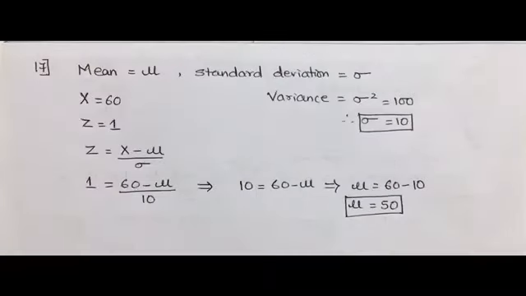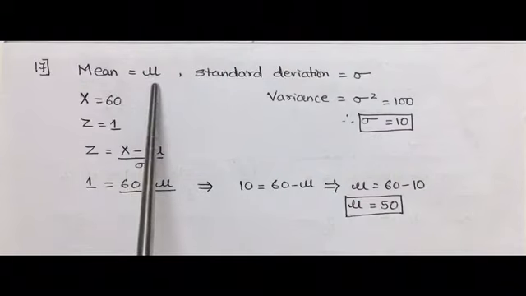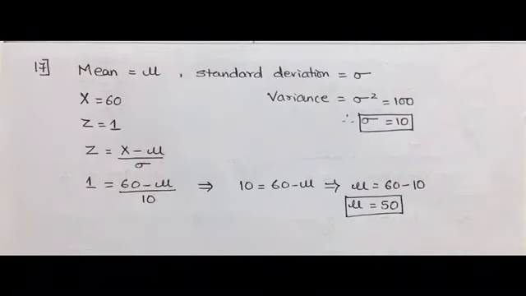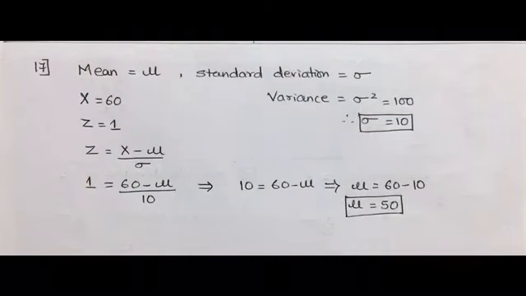The 17th one given is: marks obtained by students of a school in the economics subject follow normal distribution with mean mu and standard deviation sigma. The value of the standard score of a randomly selected student who obtained 60 marks is 1.